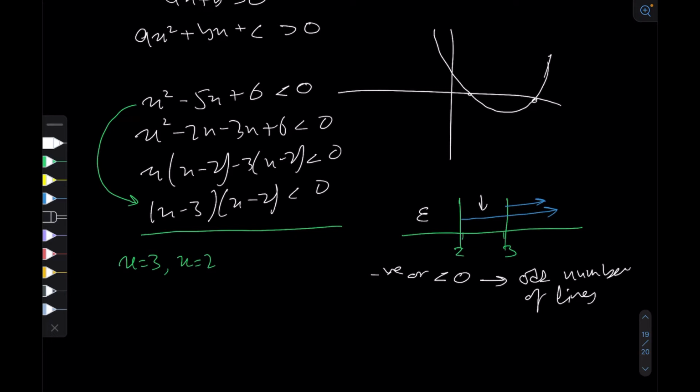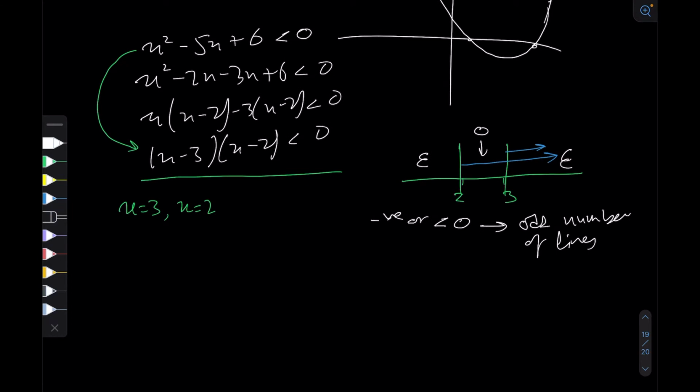Over here there is just 1 arrow, so it's odd. In the region greater than 3, it's even. So if I have to find the values for which it is negative, I will see the region where there are an odd number of lines, and so my range will become 2 to 3, or a formal way to write it would be 2 is less than x is less than 3, right?